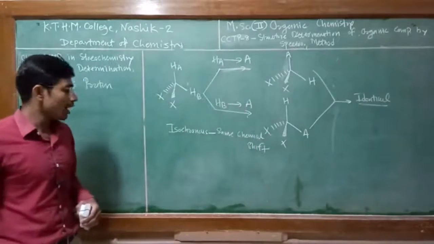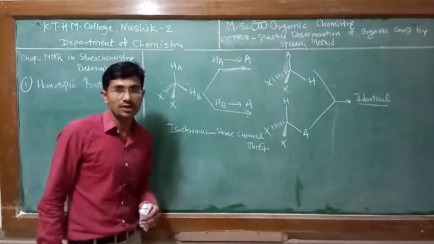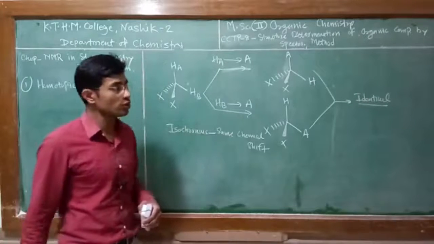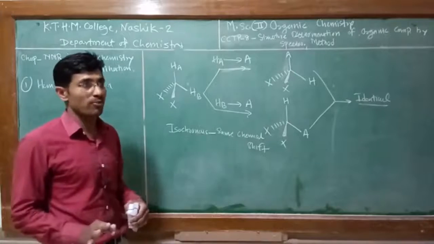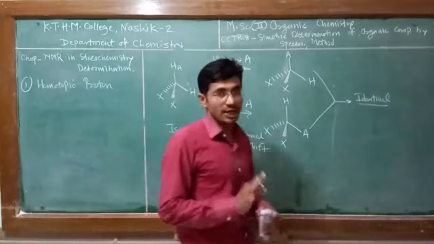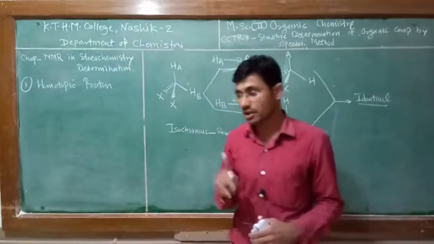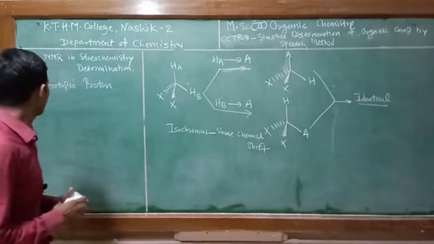Equivalent, isochronous, same chemical shift, and remember that they do not undergo spin splitting, meaning they do not show 2J coupling. They absorb at the same delta value. This is the first thing. Next, they give a single NMR signal. So this is all about homotopic protons.